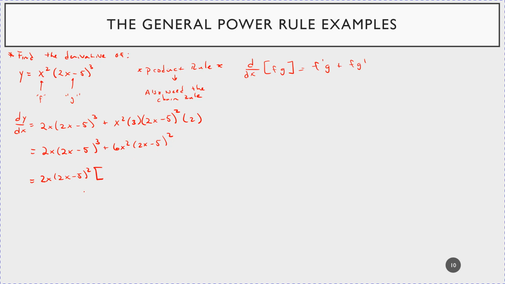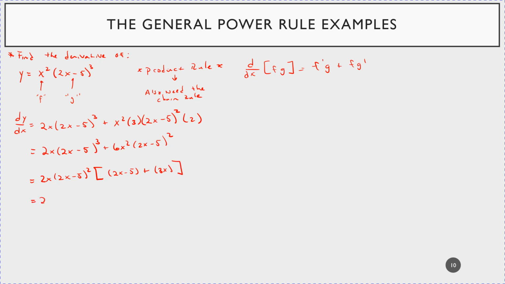When I do that, what am I left with? Here I'm still left with 2x minus 5, and then, plus, I'm left with 3x here.